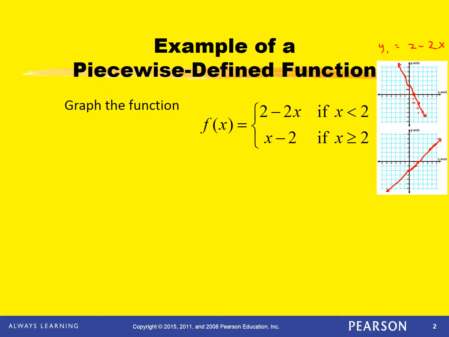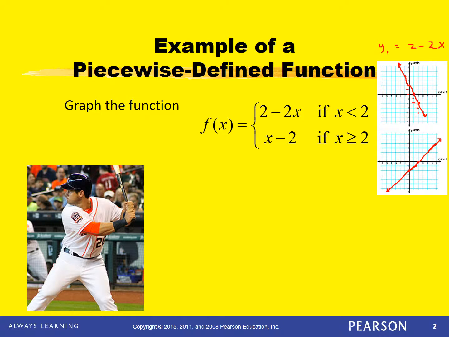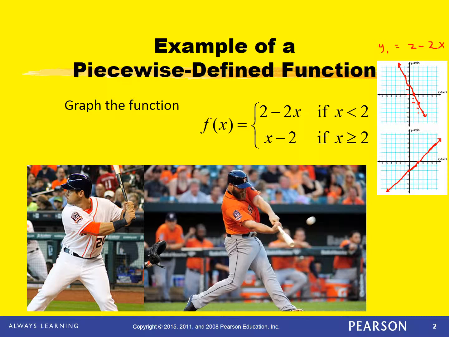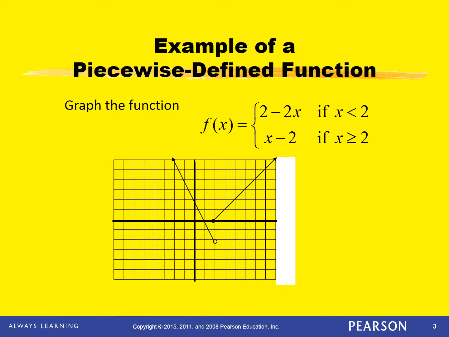Well, now we're going to smash them together into one graph, just like Preston Tucker and Evan Gaddis. One guy on the left, one guy on the right, which together make one complete guy. Here's how the graph looks when you put it together.